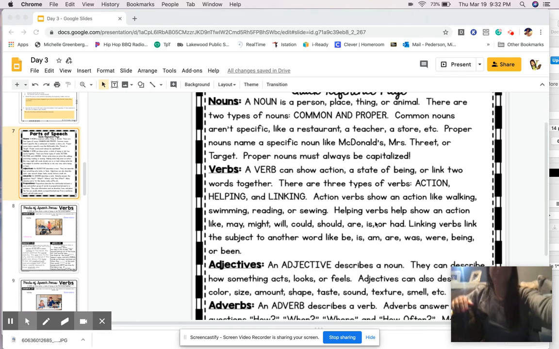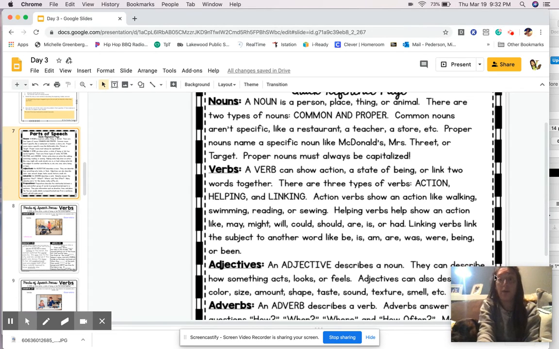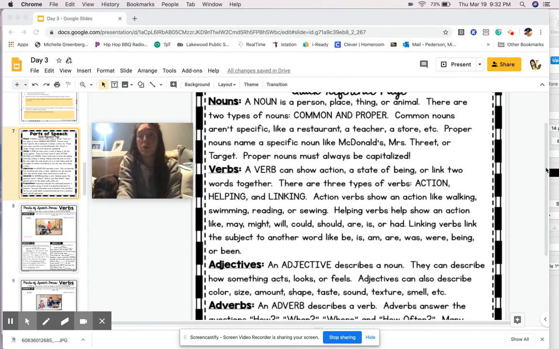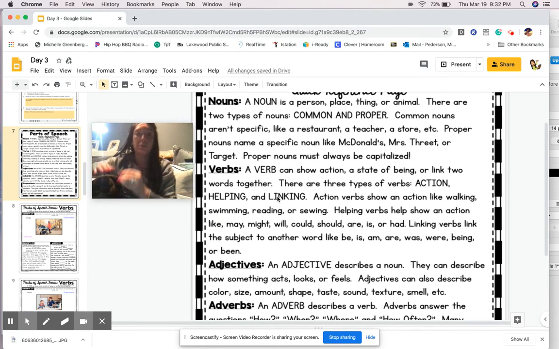All right, so we are going to learn today about verbs. Okay. So we know that verbs show action, a state of being, or link two words together. There are three types of verbs: action, helping, and linking.